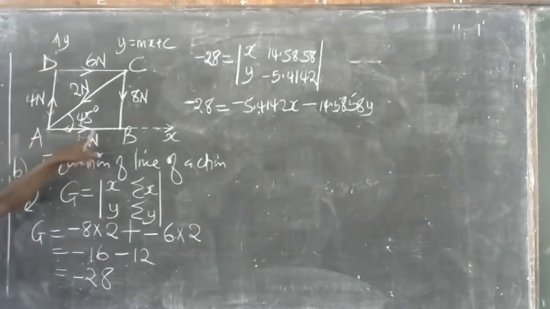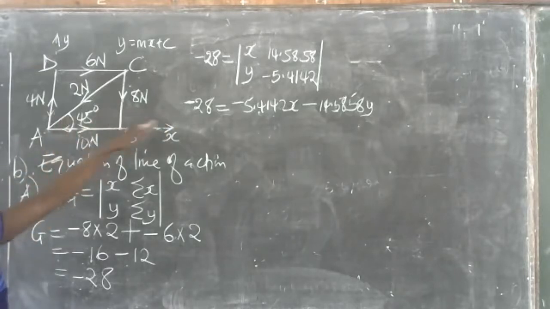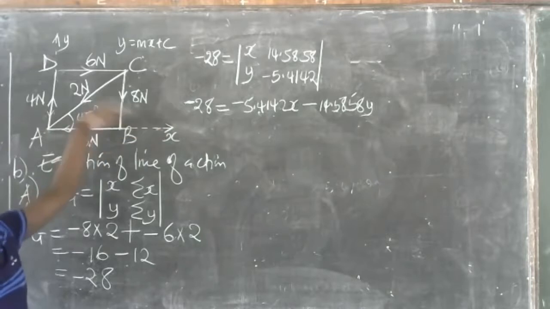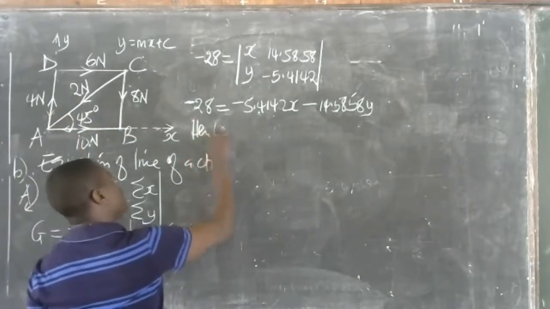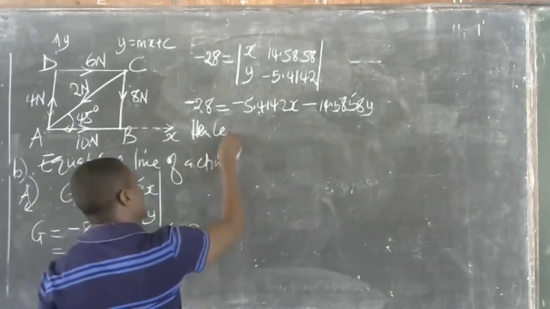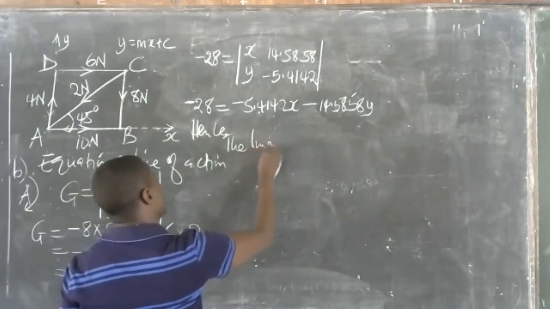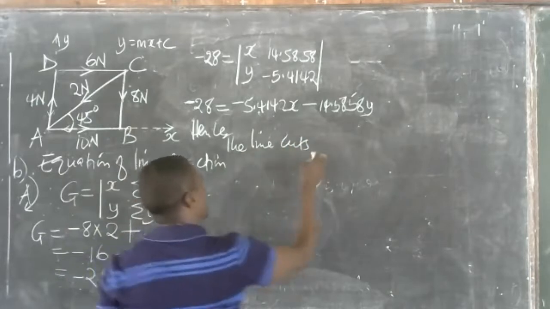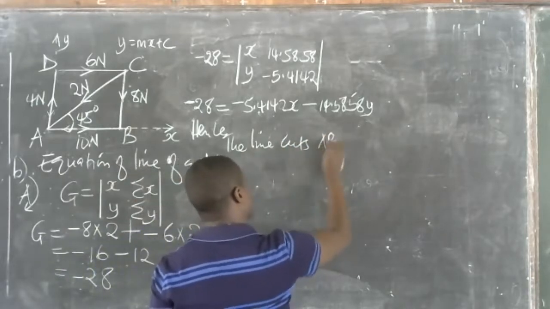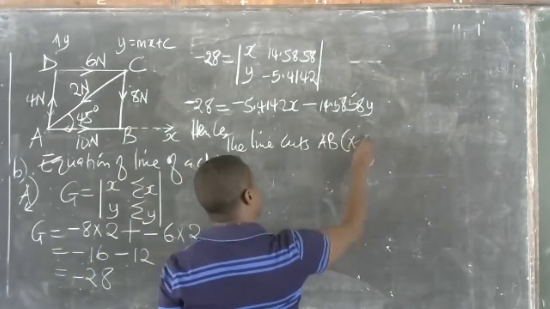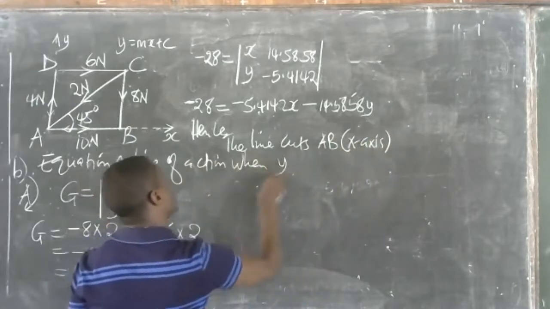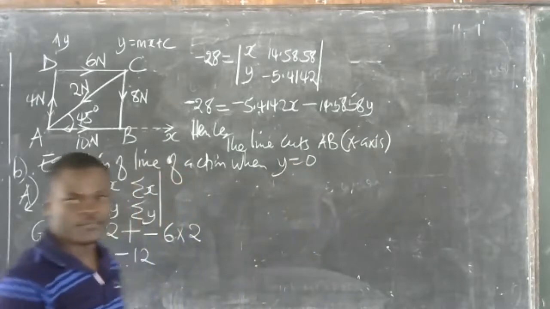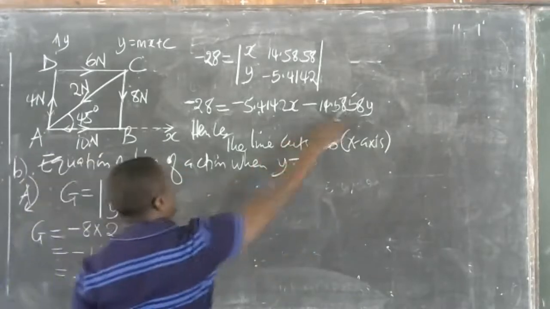So to find where the line cuts the side AB, we use the concept that any straight line cuts the x-axis when y is 0. So let me use hence. We say the line cuts AB, and AB is the x-axis, when y equals 0. So we substitute 0 here.